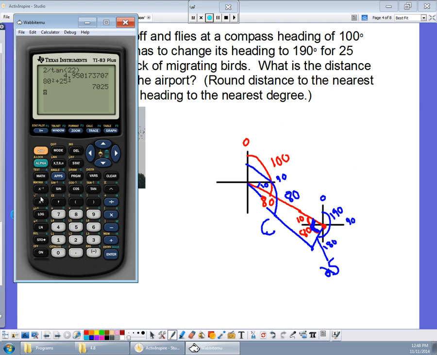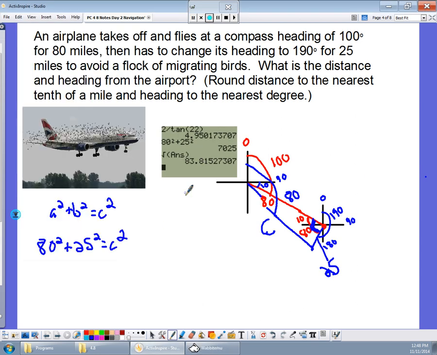Take the square root of that. And that'll give me my distance from the airport. So I get 83.8 equals C. So that's the distance from the airport. So that answers my first question.